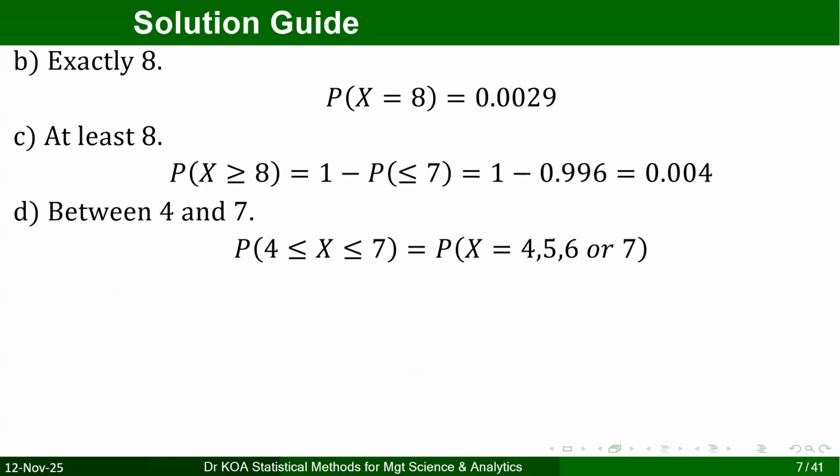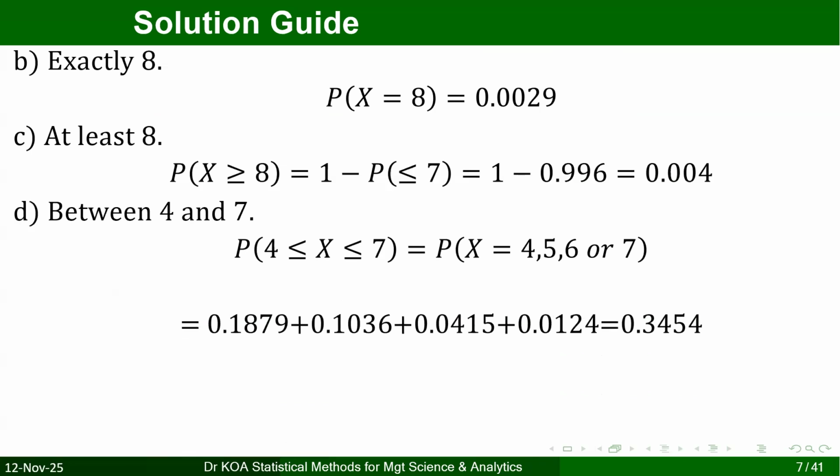Do 4, 5, 6, and 7. You add them up, and that'll give you 34.54%. Doctor, if you say between, does that mean it's inclusive of the 4 and 7? Yes, when it doesn't mention that it's exclusive, then it is inclusive. Okay. Then it's inclusive.